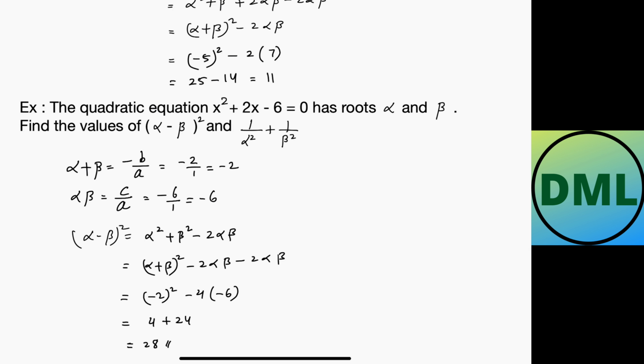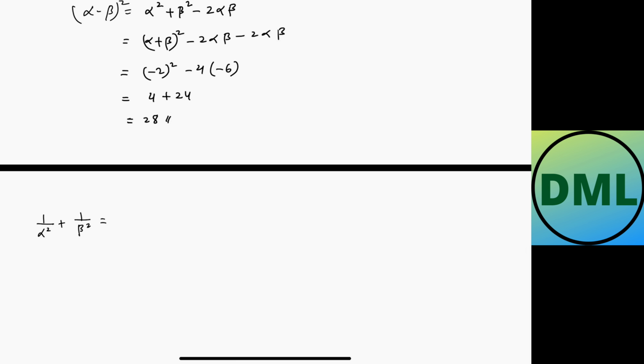Let's see 1 upon alpha square plus 1 upon beta square. If we take the LCM here, you will find out that alpha square beta square will be the denominator and beta square plus alpha square in the numerator. In the numerator, alpha square plus beta square will be written as alpha plus beta the whole square minus 2 alpha beta, over alpha beta the whole square.